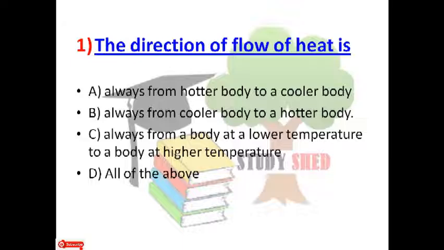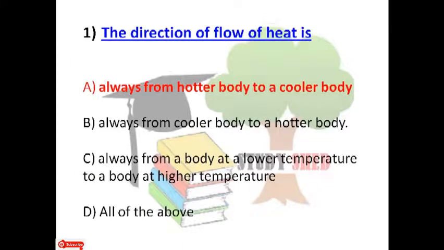Okay. So the very first definition which we had learned about heat was that heat transfers from a hot body to a cold body. So if you have guessed the answer correct, very good. And if you got this one wrong, I would recommend you go through the previous video again and try to get your concepts cleared out.